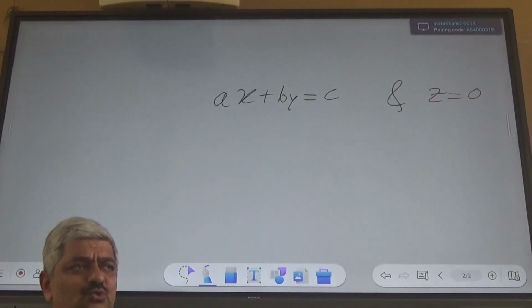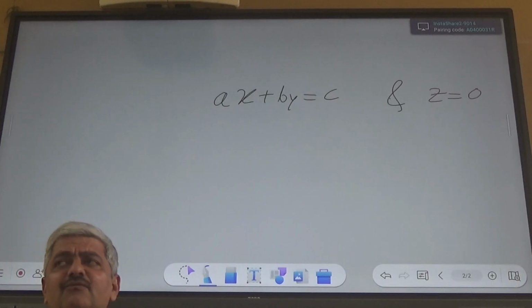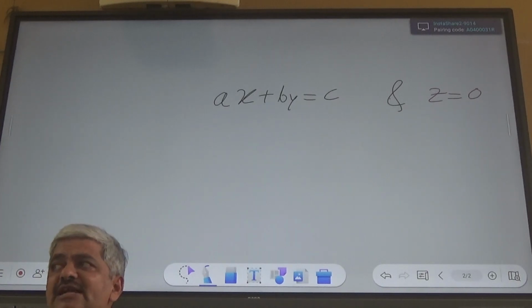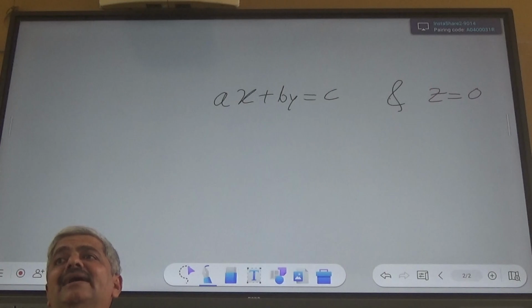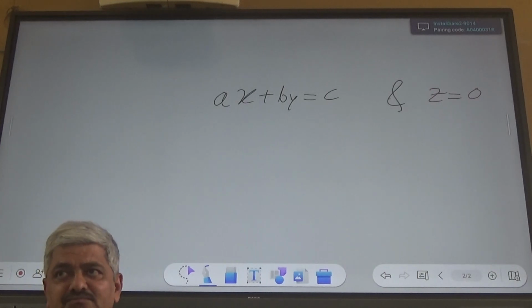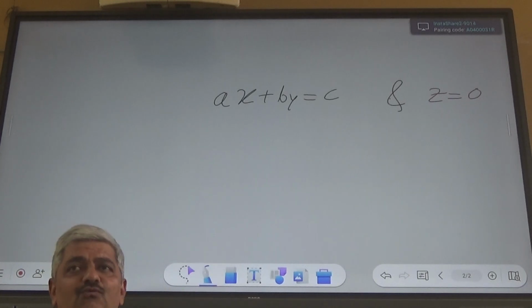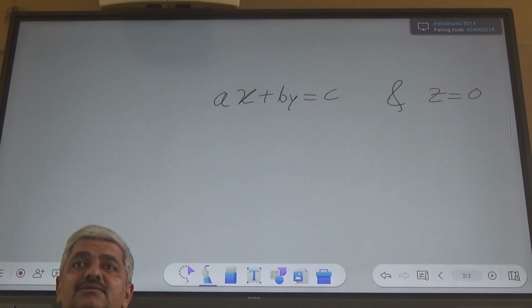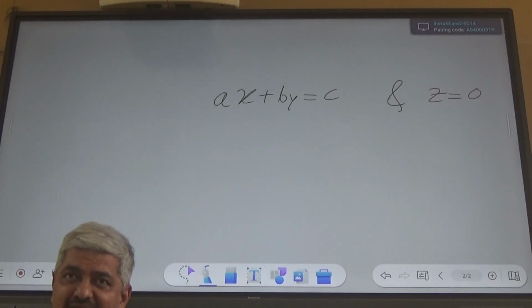Let us restrict to 3D for some time being. When I say solution, it is a set of points which satisfy the equation. So what is the solution of ax plus by equal to c? There is a line. So there are infinite points which belong to that line.